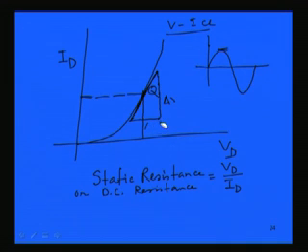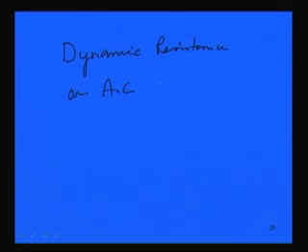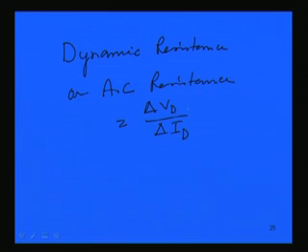So, this will be del Vd and del Id. The dynamic resistance, or AC resistance, is given by del Vd by del Id around this Q point, that is, incremental change in voltage by incremental change in current.